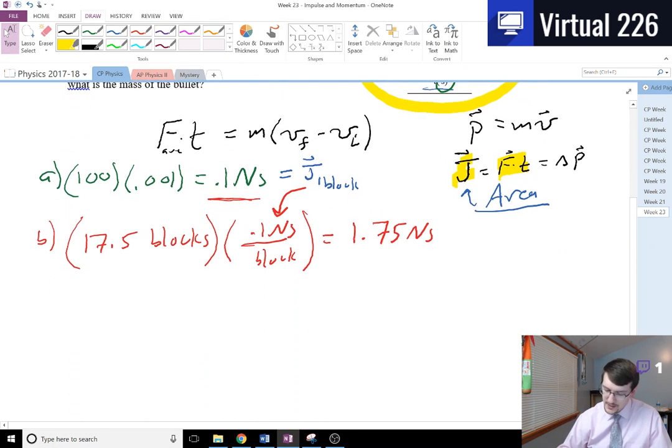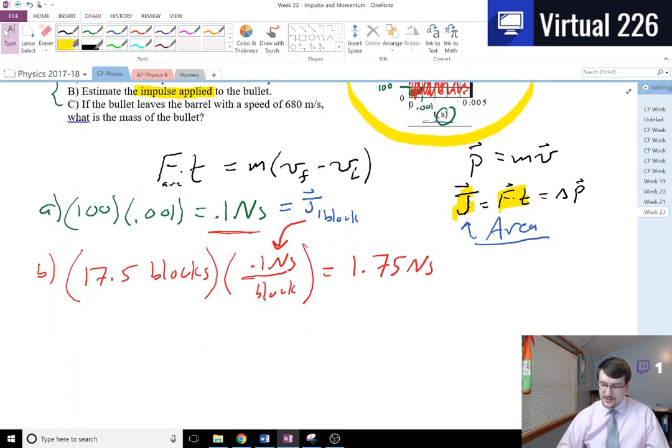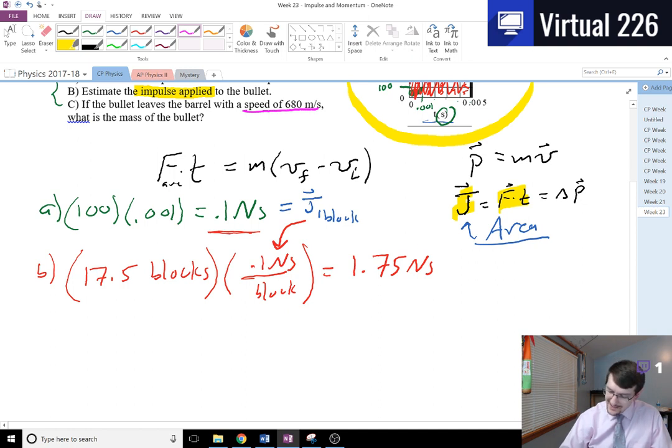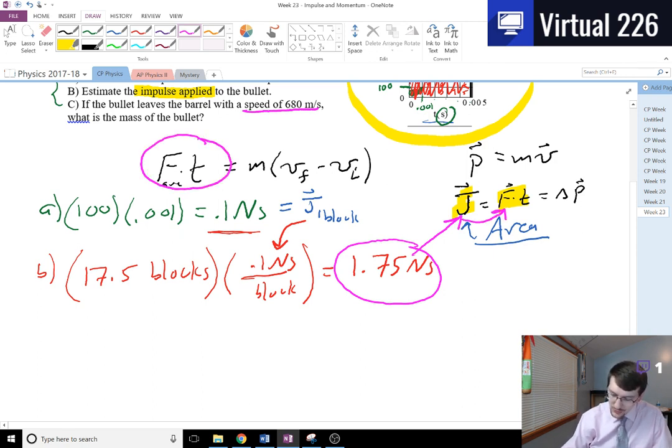Okay, if I want to find the mass of the bullet, I know whenever the bullet leaves the barrel, it leaves with a speed of 680 meters per second. This value here is the impulse. It is J. J represents Ft, so it is this whole thing here.